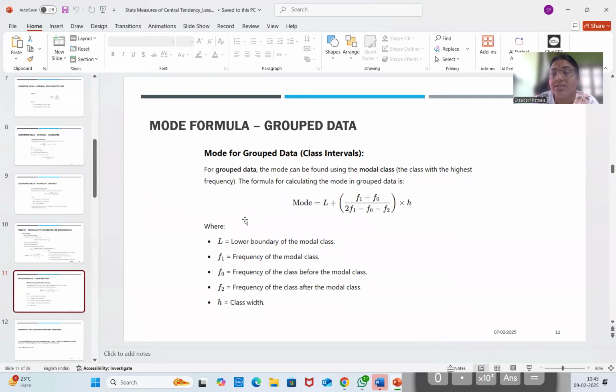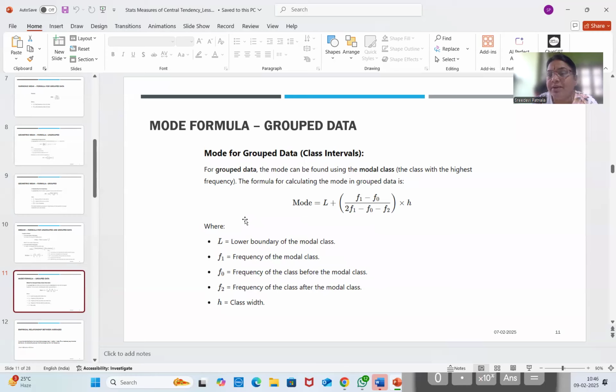Now let's understand the formula for grouped data. So mode is equal to L plus F1 minus F0 divided by 2F1 minus F0 minus F2, into H. So L is your lower limit of the modal class.